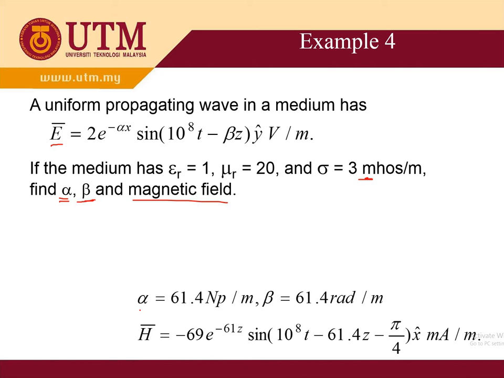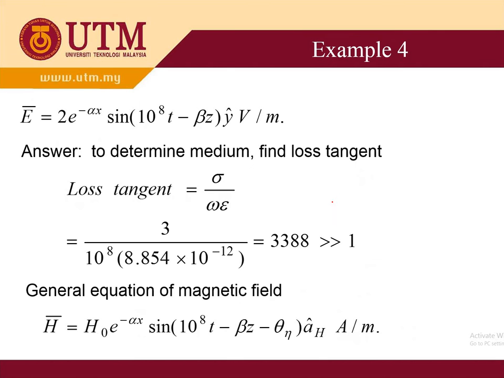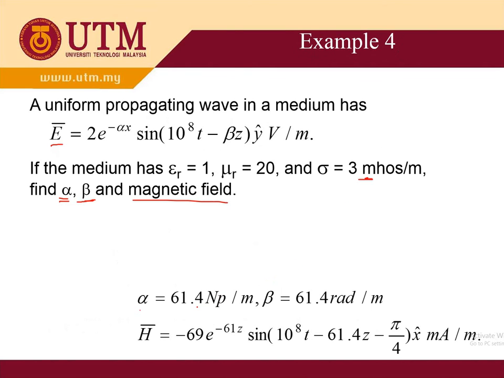So alpha equals 61.4 Nepers per meter and beta is 61.4 per meter. You just insert the values from the equation that we discussed just now. Then substitute for the H field, and you have this angle.